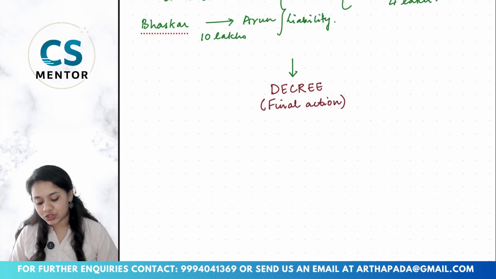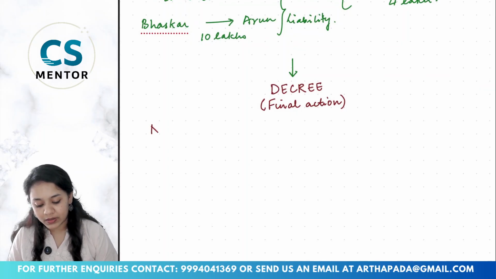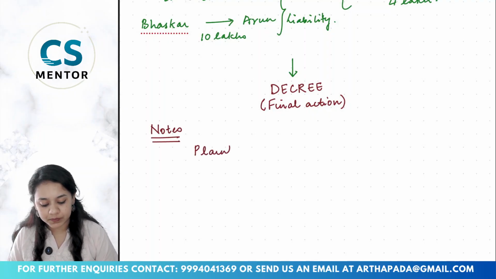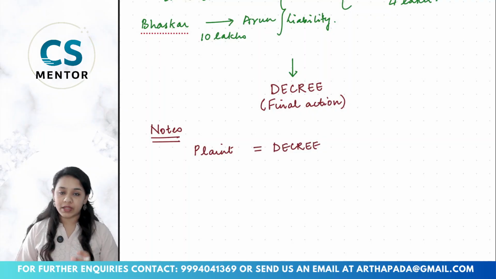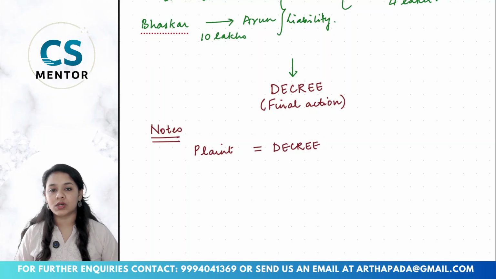So I can break it down and say, just consider this as notes, okay? When a plaint is filed, you will get a decree. This is how suits work across the entire CPC.